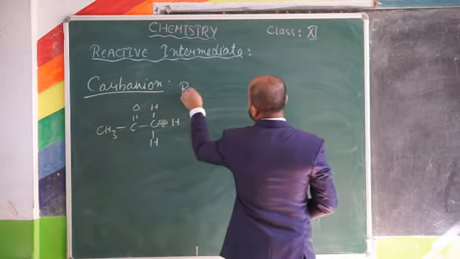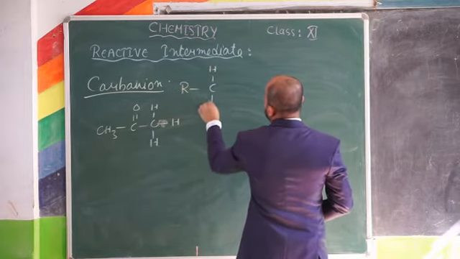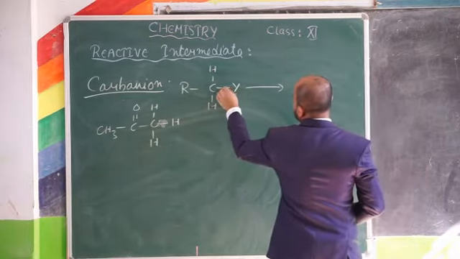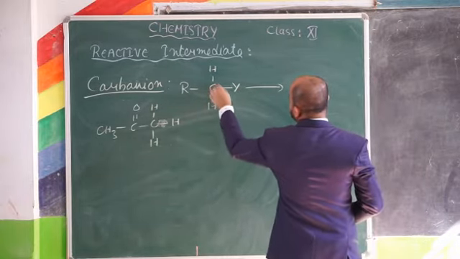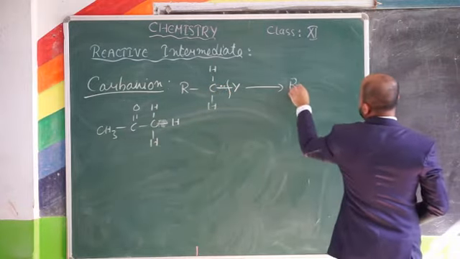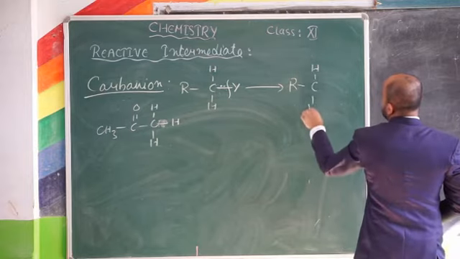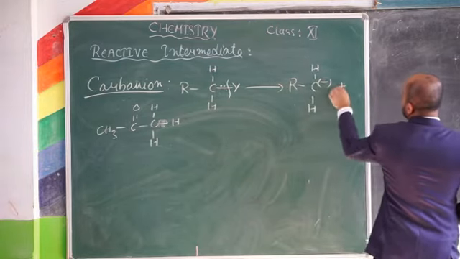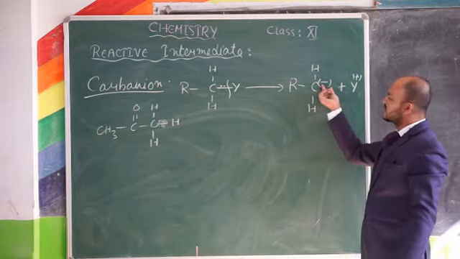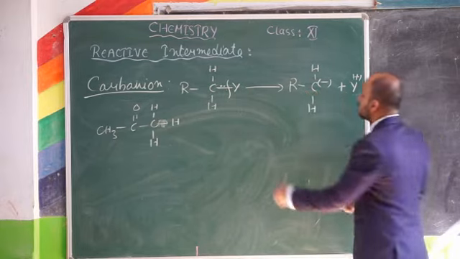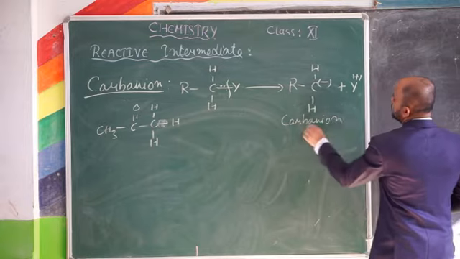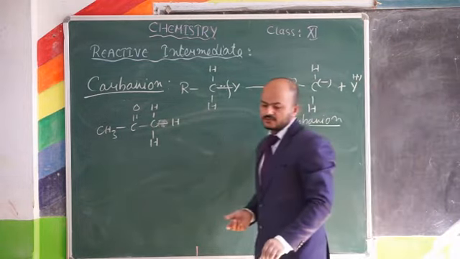Suppose you have such a group, say C, H, H, H, and some line over here, attached to Y. Now when this bond breaks in such a manner that both electrons are taken by carbon, then you will be getting CH3 with a negative charge, whereas Y will be having a positive charge. So this compound containing a negative charge over carbon is known as a carbanion. Anion means we'll be having a negative charge.